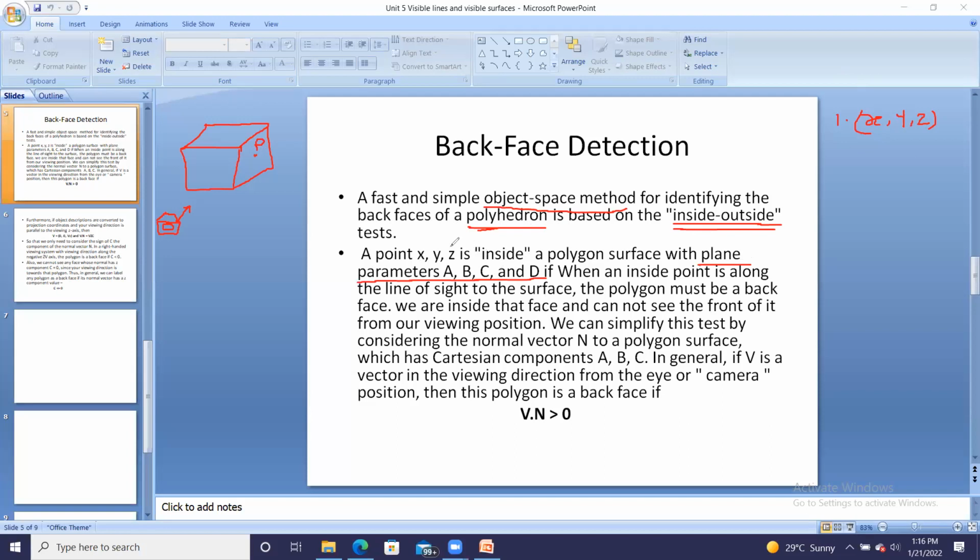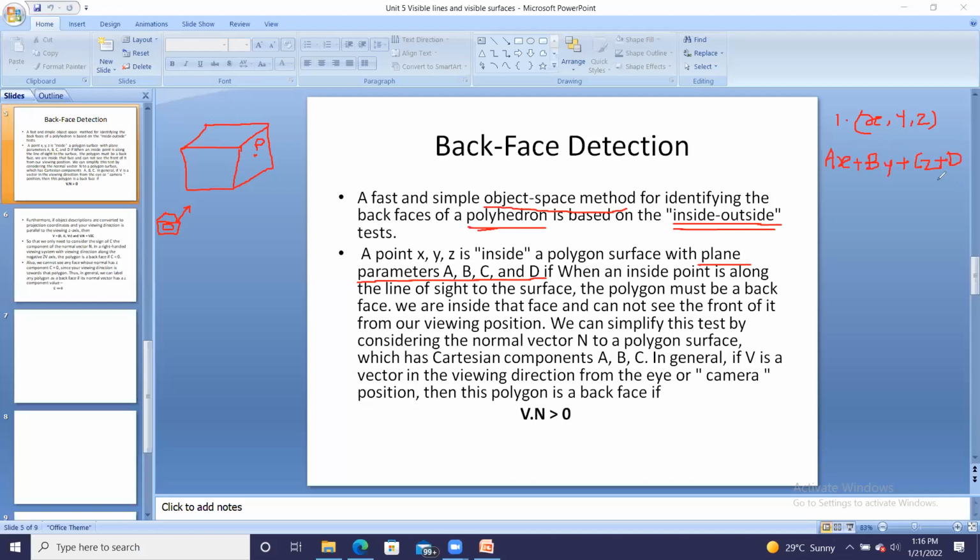The point is inside when we have the formula for that point: ax plus by plus cz plus d.